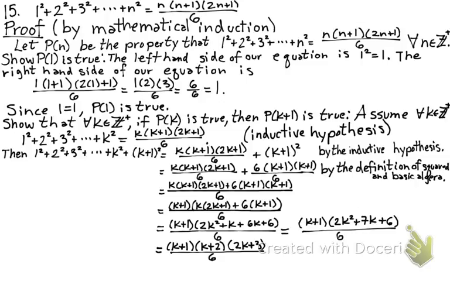Okay, and now I can say this is the same thing as k plus 1 times k plus 1 plus 1, let me give myself enough room for another parentheses, k plus 1 plus 1 times 2 times k plus 1 plus 1, over 6. And this is all by basic algebra.